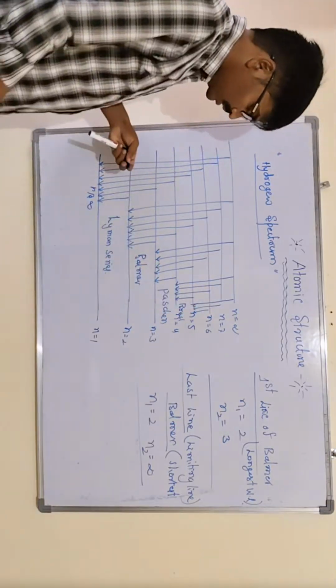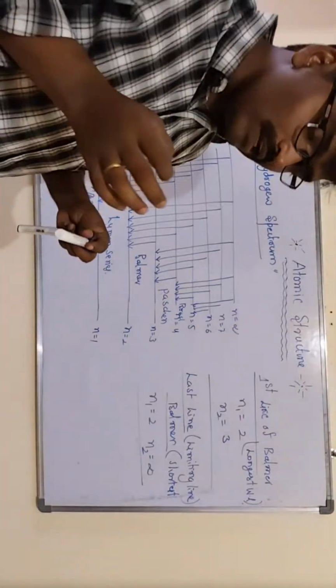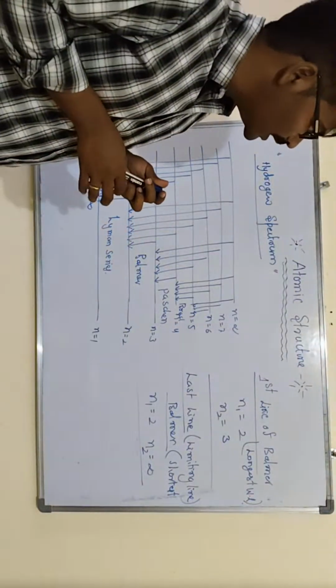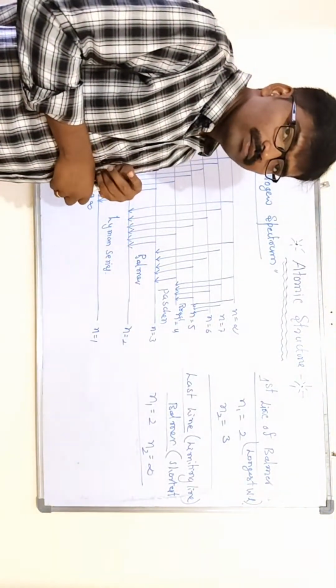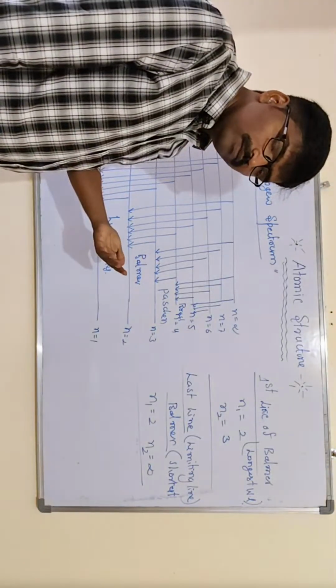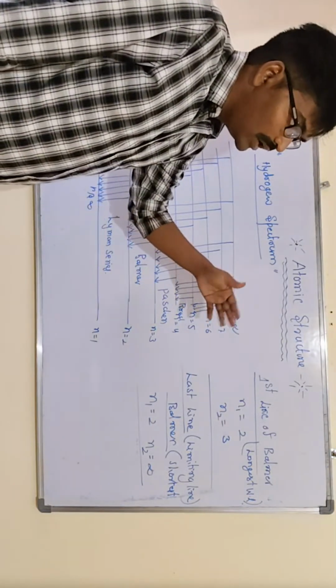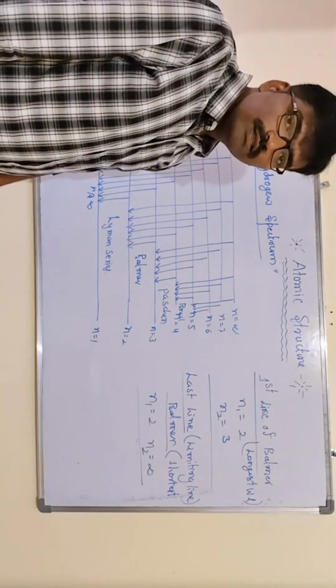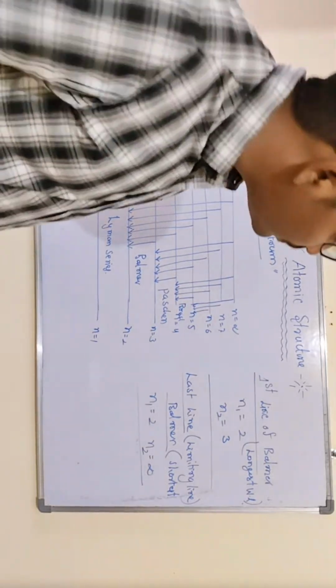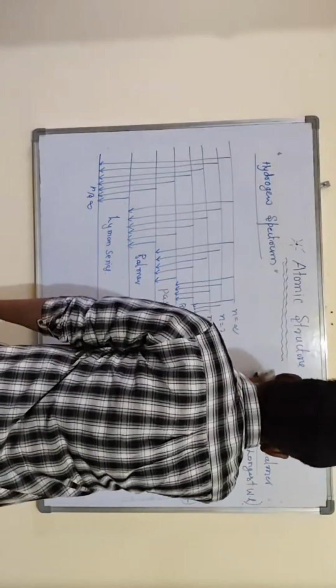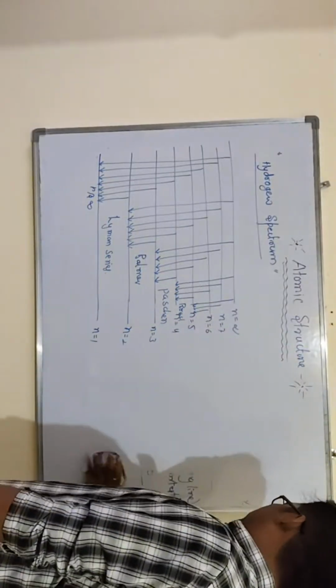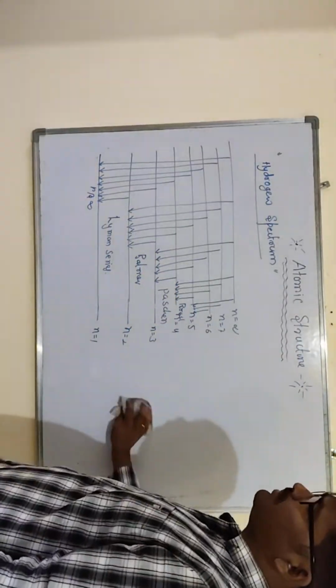Remember, if they ask a question, calculate the wavelength of the first line of Lyman series, or calculate the longest wavelength of Lyman series. So how to find the longest wavelength or shortest wavelength, first line or last line?